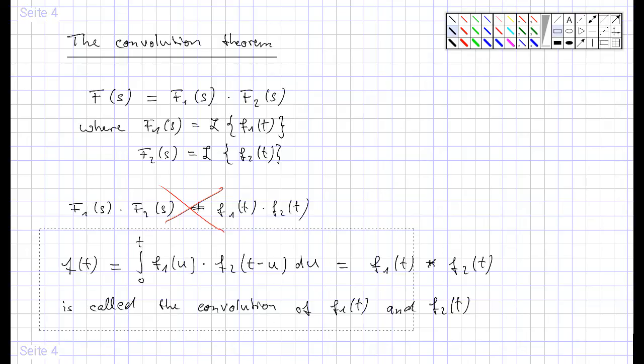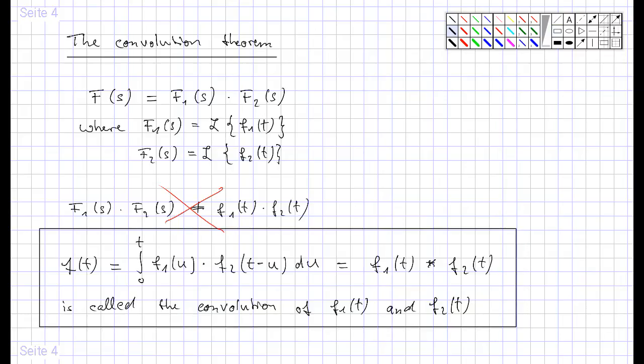So this is what is called convolution of two functions f1 and f2.